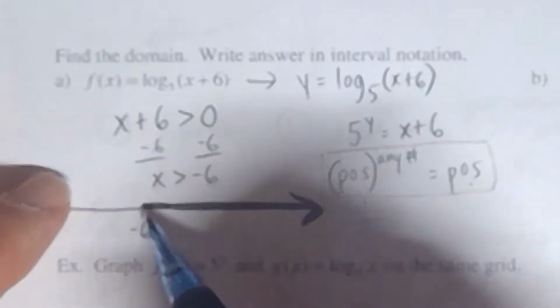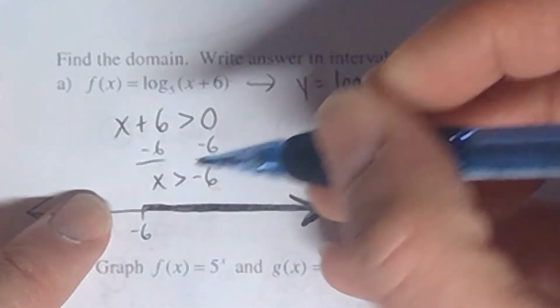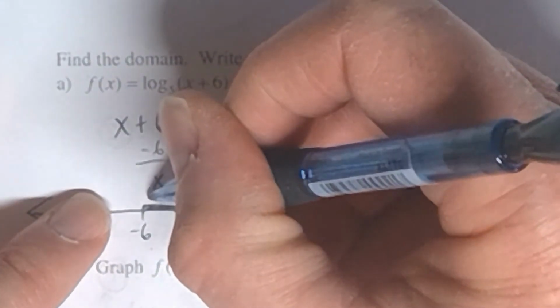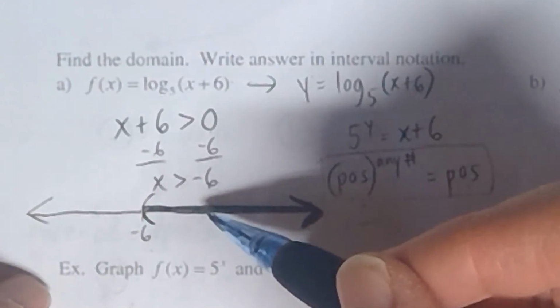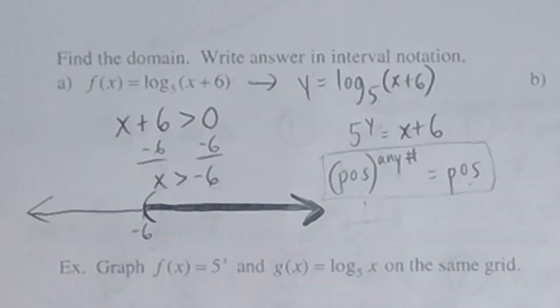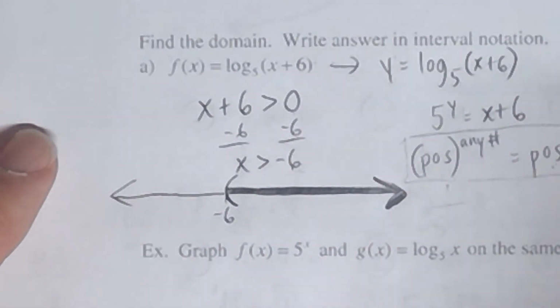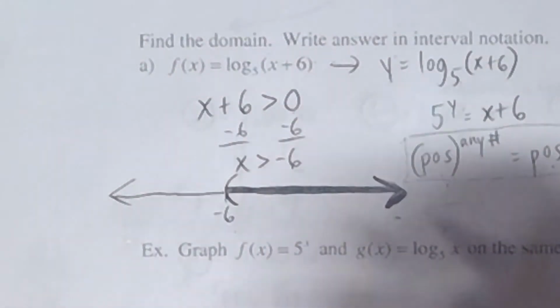What do we do after we do our shading? We put our bracket on there, and since the alligator doesn't have feet right here, we're going to use a round bracket. So I did my shading, I did my bracket. Always do a bracket when you have a shading on one side of a number but not the other, like we have here with negative 6.